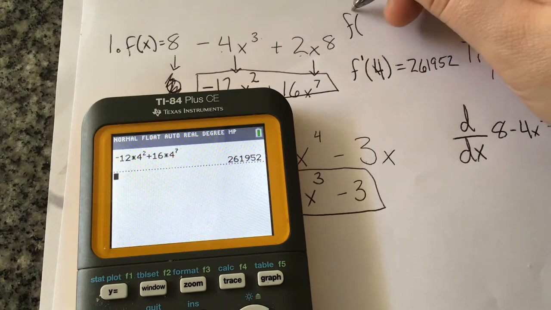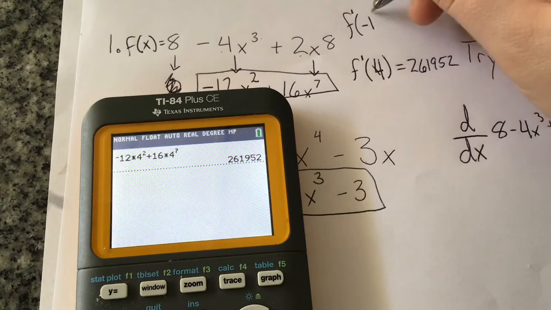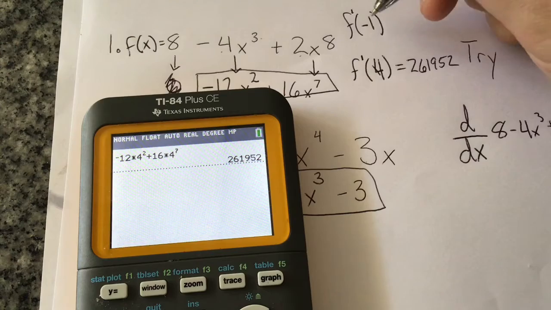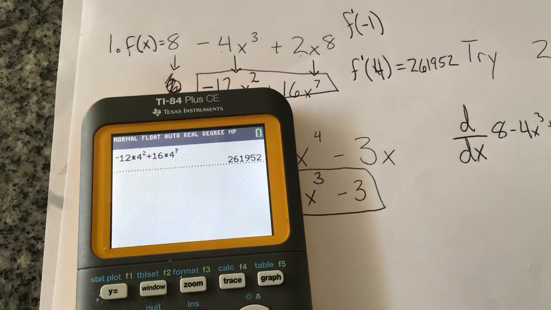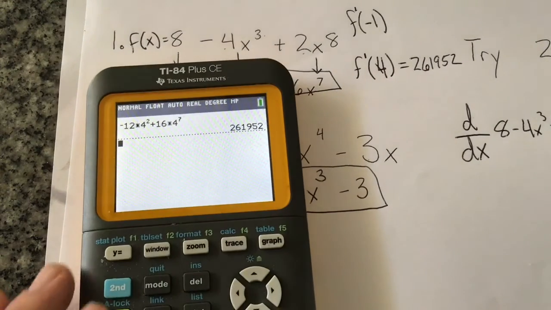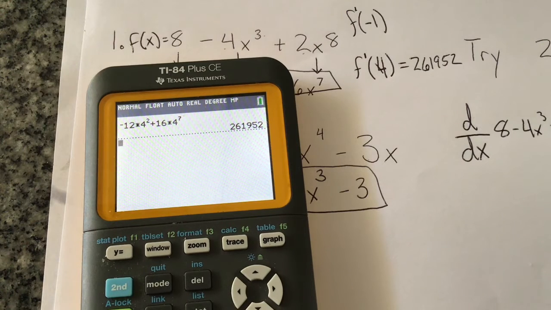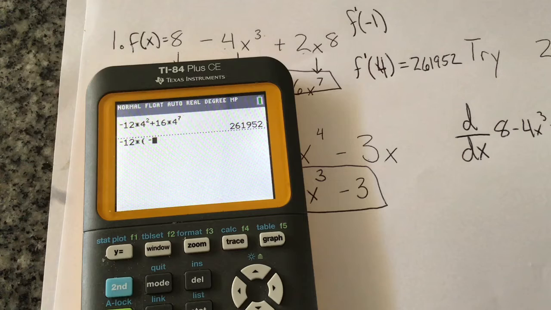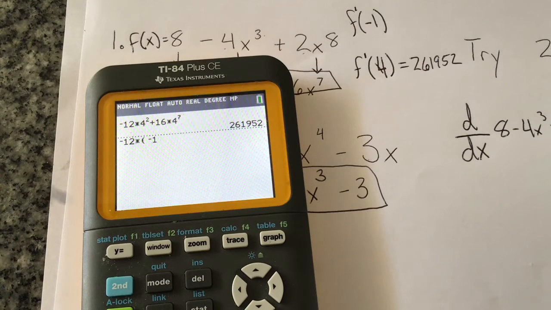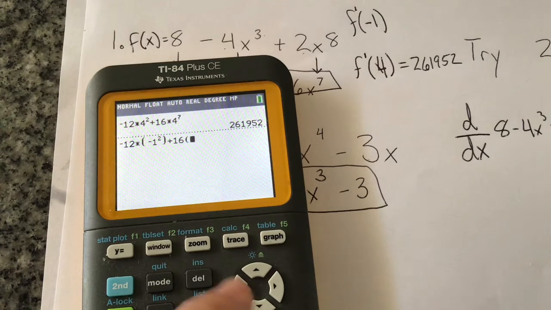We could do the derivative at 1. I don't know why I wrote a -1, but at this point we're just going to run with it, right? Because that's what I wrote. And we do the same thing. -12 times -1 squared plus 16 times -1 to the 7th.